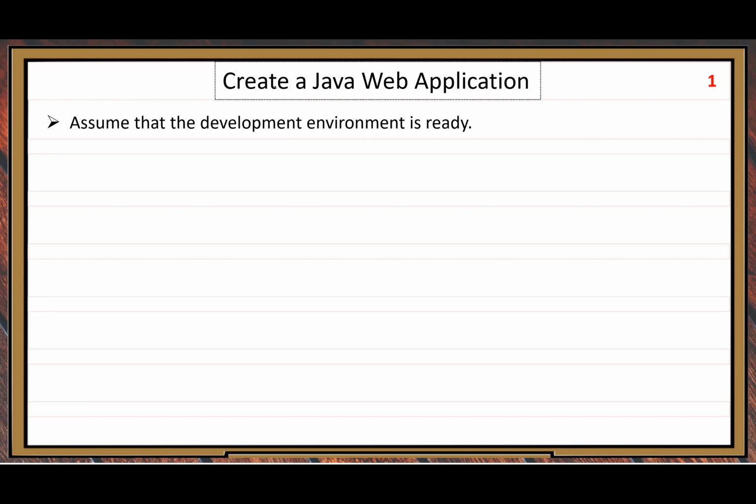And we configured the JDK inside Eclipse. I talked about that before. And we also downloaded Tomcat and configured Tomcat inside Eclipse for Java EE. That's the setup, the preparation for our Java web development environment.